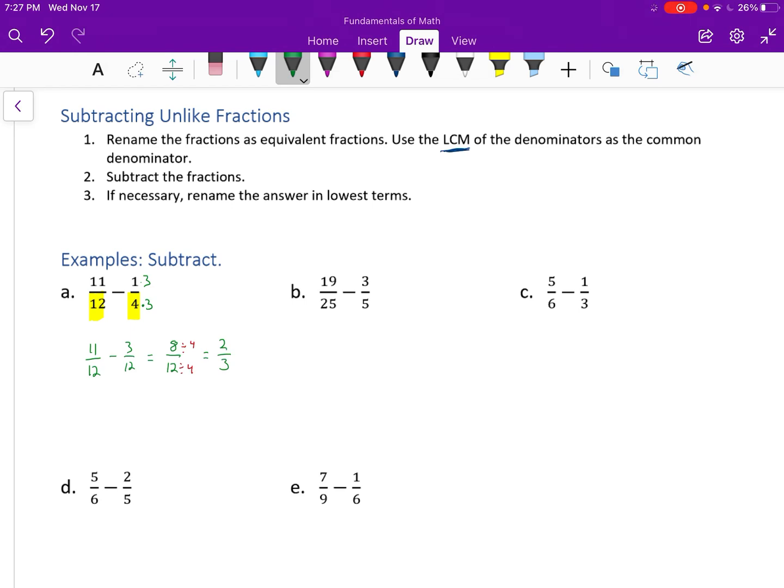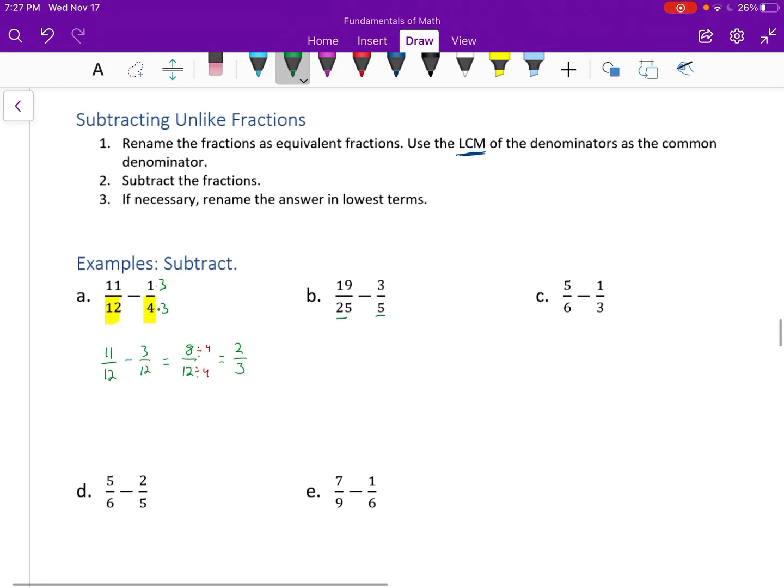Next one, we have 19/25 minus 3/5. Well, this is more of the same. We need a common denominator. So out of 5 and 25, what do both of those go into? It's 25. So how do we get 5 to be 25? We multiply by 5. And what we do to the bottom of a fraction, we need to do to the top of the fraction.